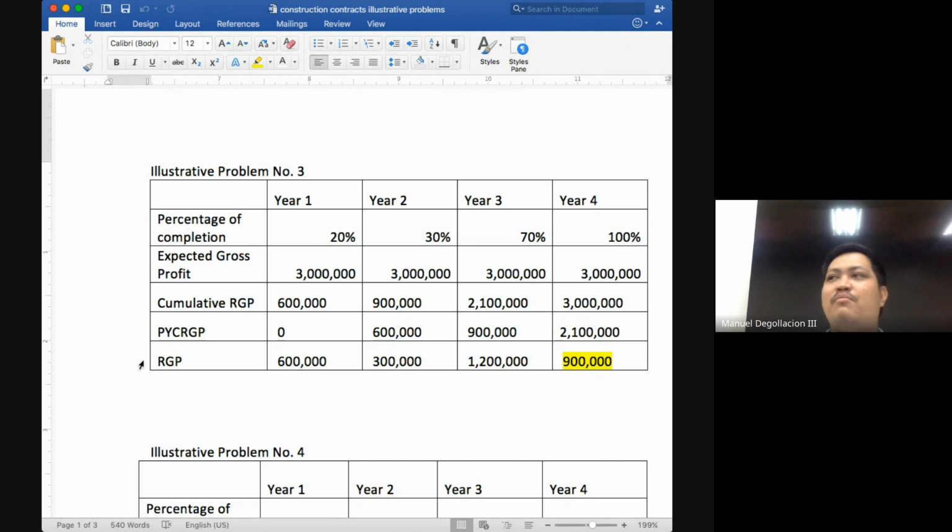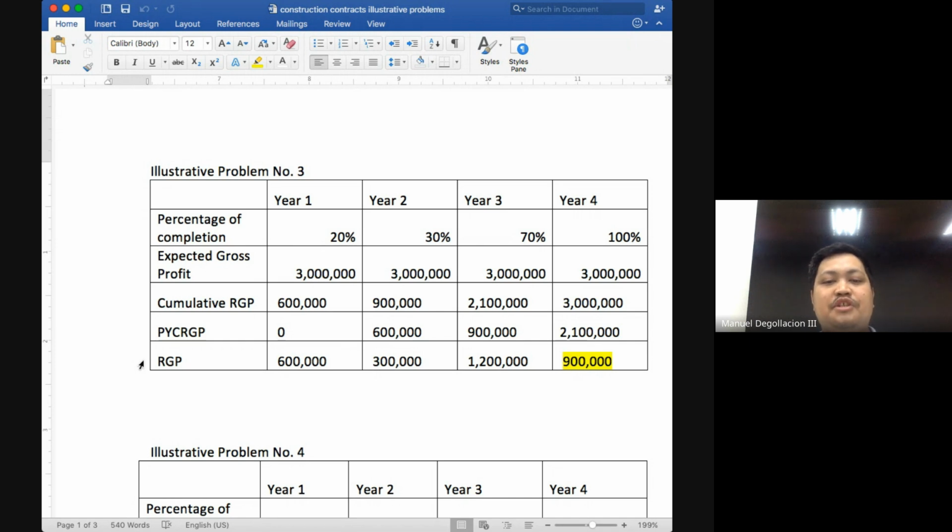Class, will it always be complete by the 4th year? Again, no, it's just for the purpose of our illustrations, class. Percentage of completion, 100%. Expected gross profit is 3 million. So 100% times 3 million. Cumulative RGP would be 3 million.